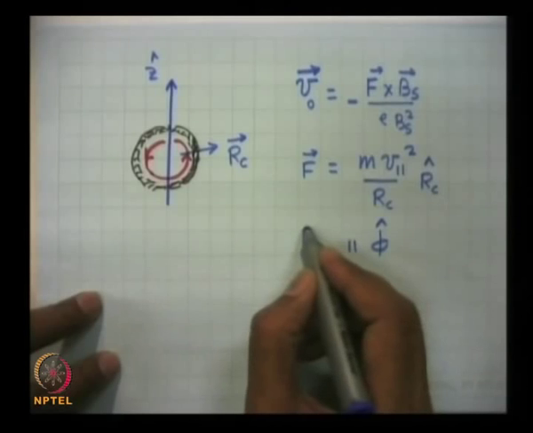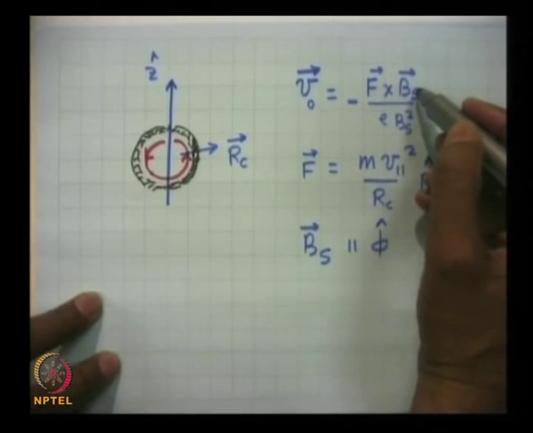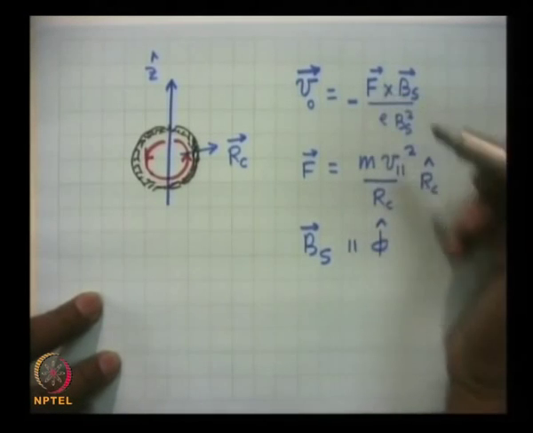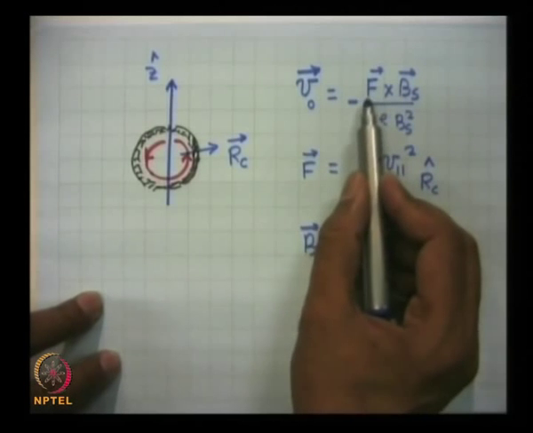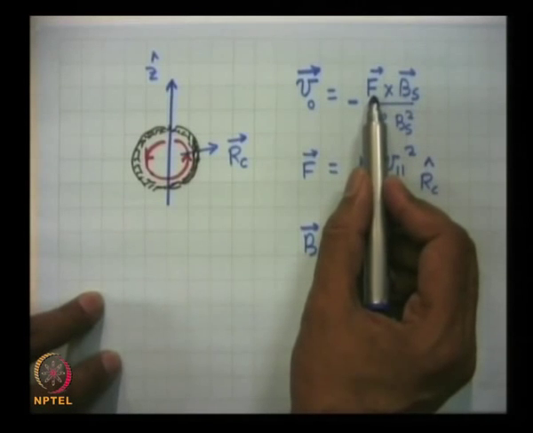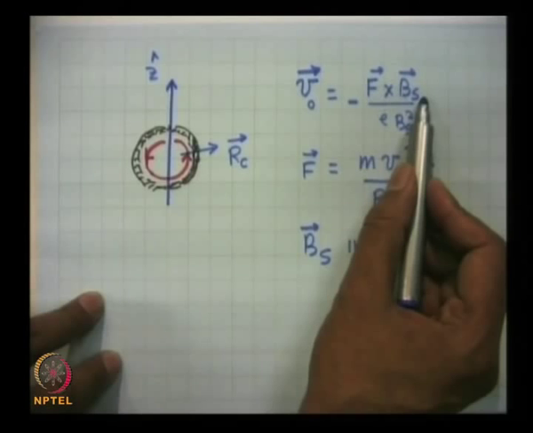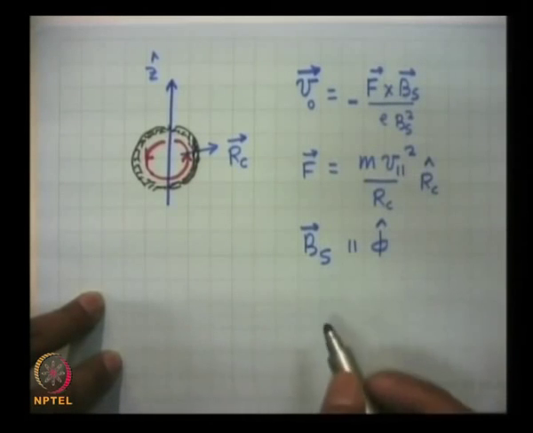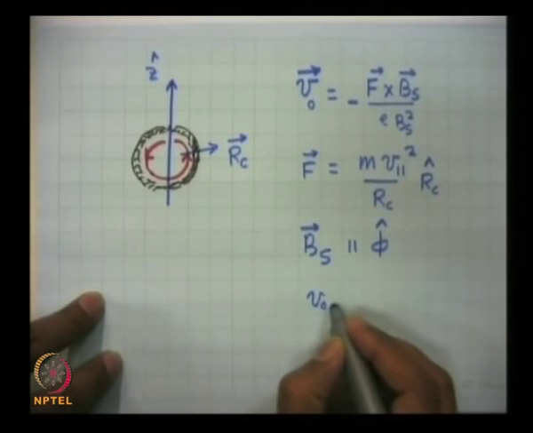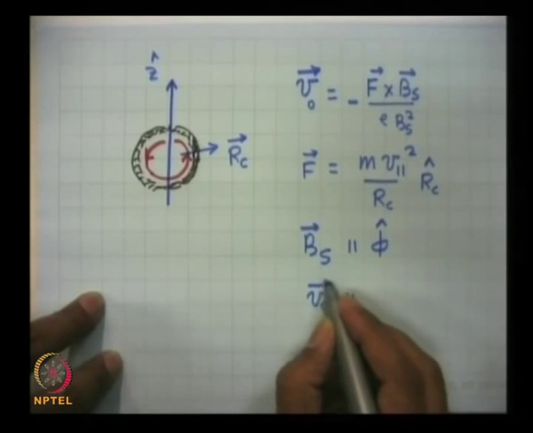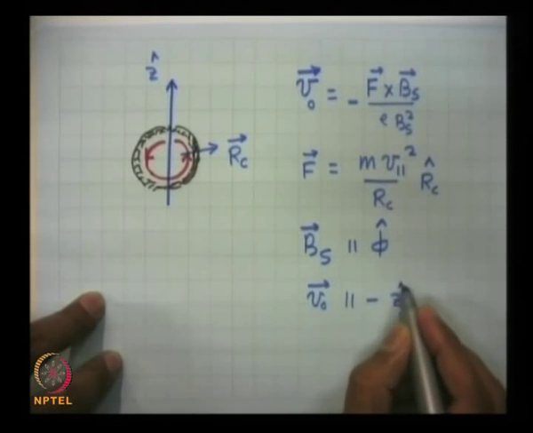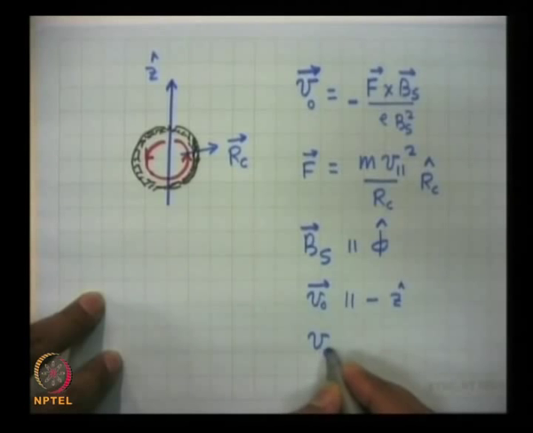In that case, this is in the phi direction, this force is in the radial direction. So, R cross phi is in the z direction, this is minus z direction. So, electron drift is parallel to minus z cap and ion drift is parallel to z cap.